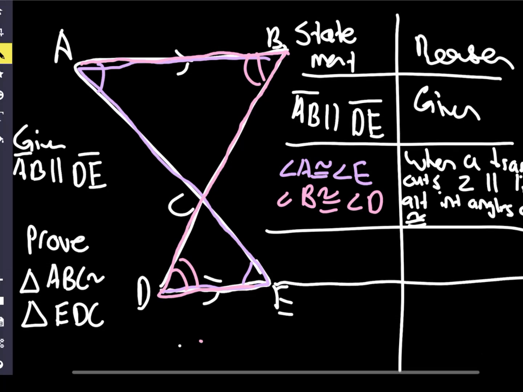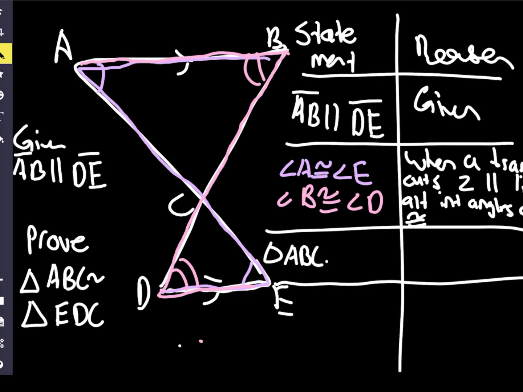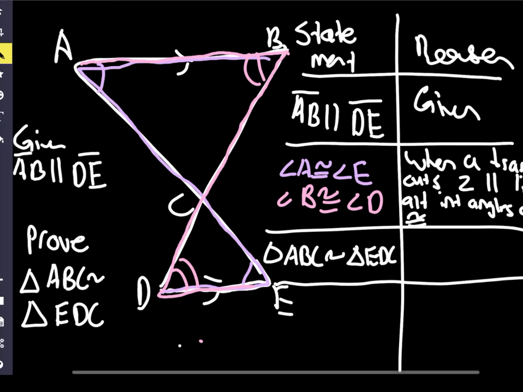Final step. What do we have? We have two angles. And guess what? We can say that triangle ABC is similar to triangle EDC. And this is because of the AA similarity postulate, okay?